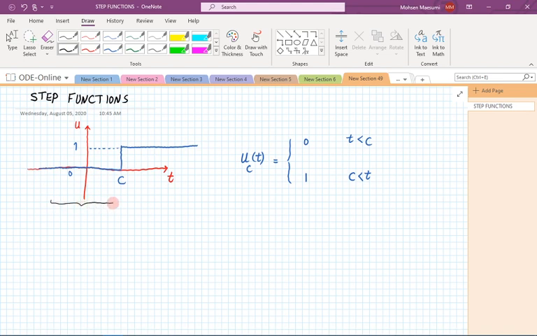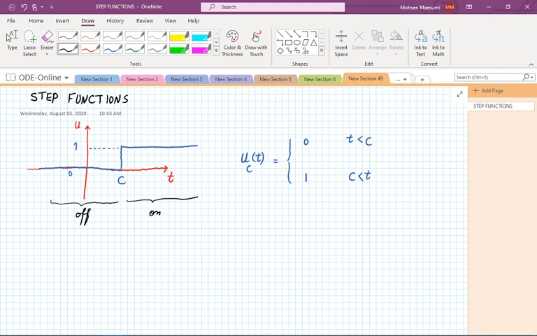So this is the time during which the light is off, and this is the time during which the light is on, and c is the time at which you turn the switch on. Well, many appliances have switches. The simplest one is your light switch, but internally many appliances do have their own switches and circuit boards and such.